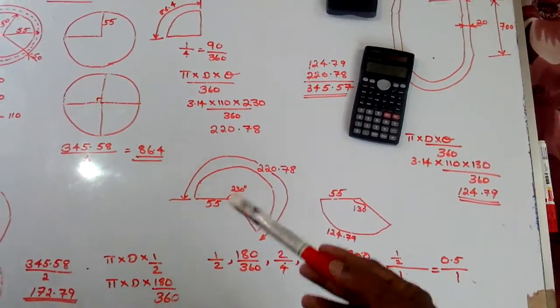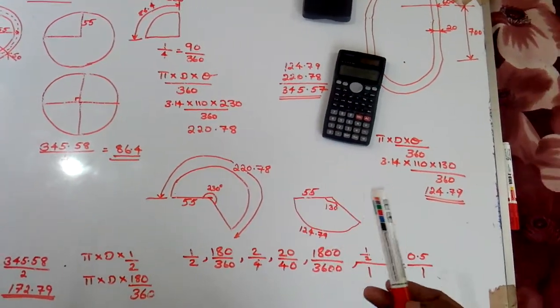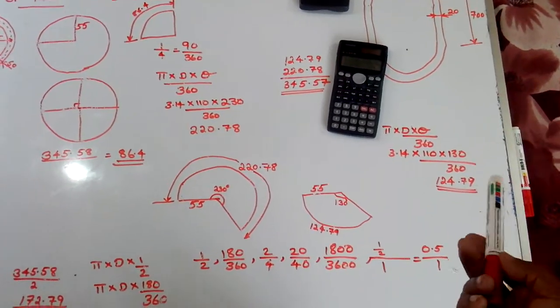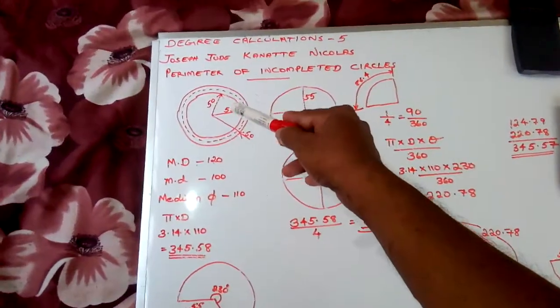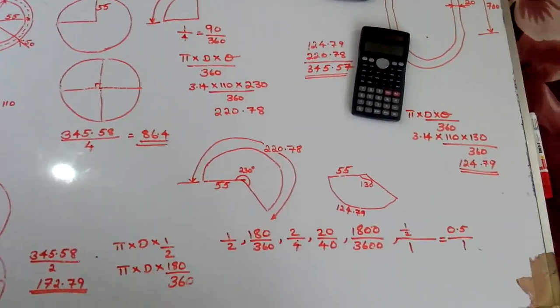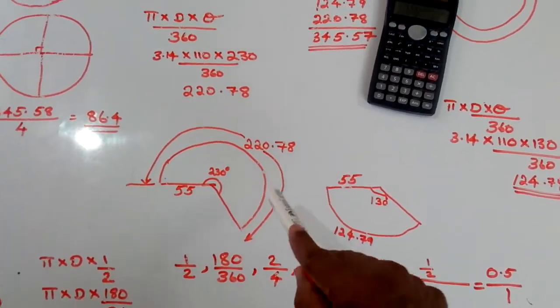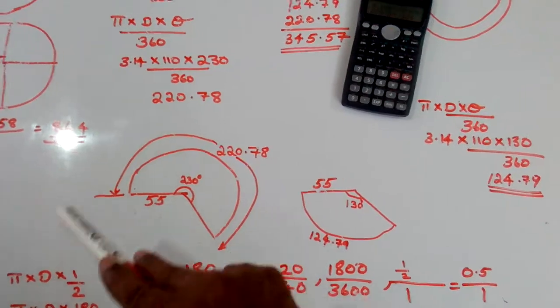But we have to find it directly. Nobody gives the total perimeter or any other thing. Somebody gives two measurements only. One measurement is 55.